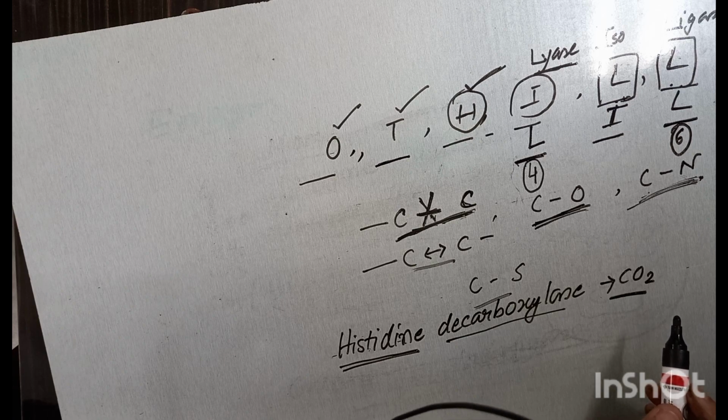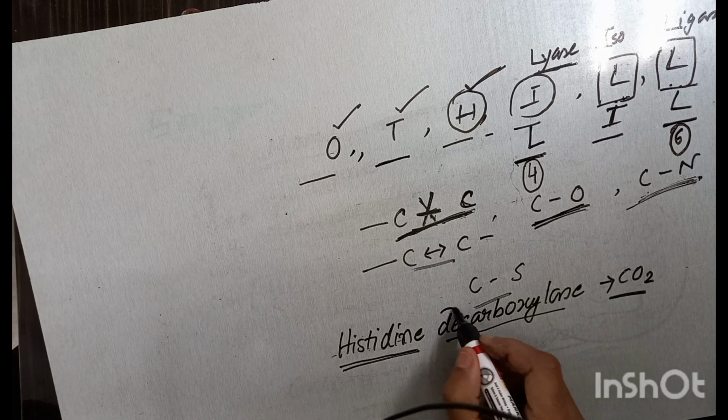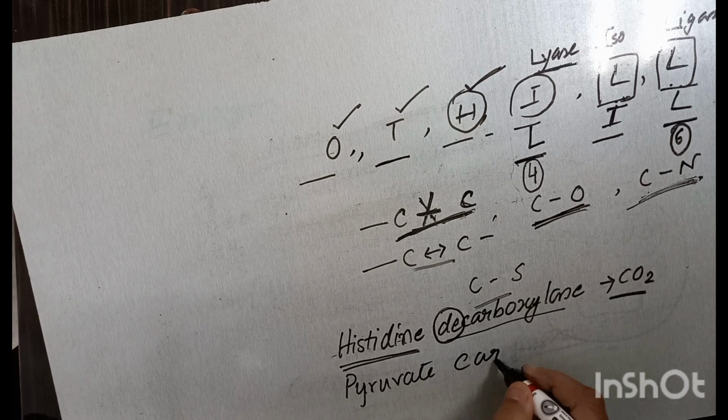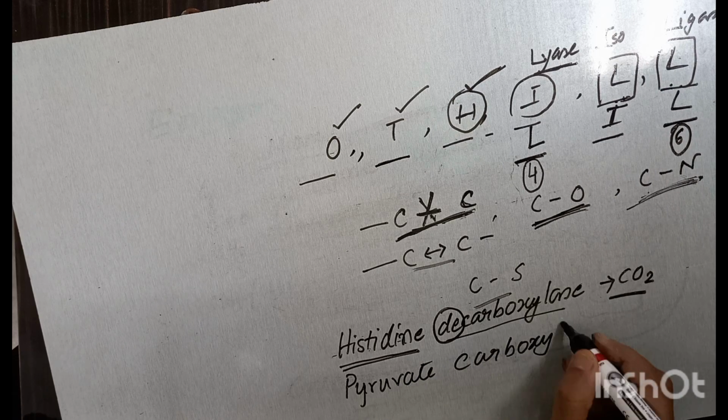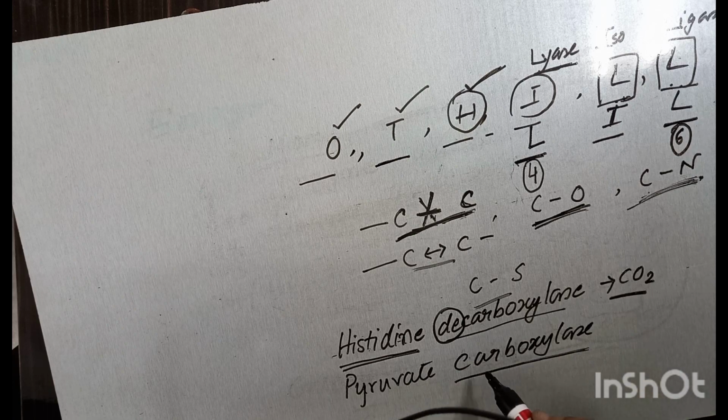And another example of a ligase. I'll take out this D and put another name, an example of a ligase. It's pyruvate carboxylase. I have removed this D. It's a carboxylase.